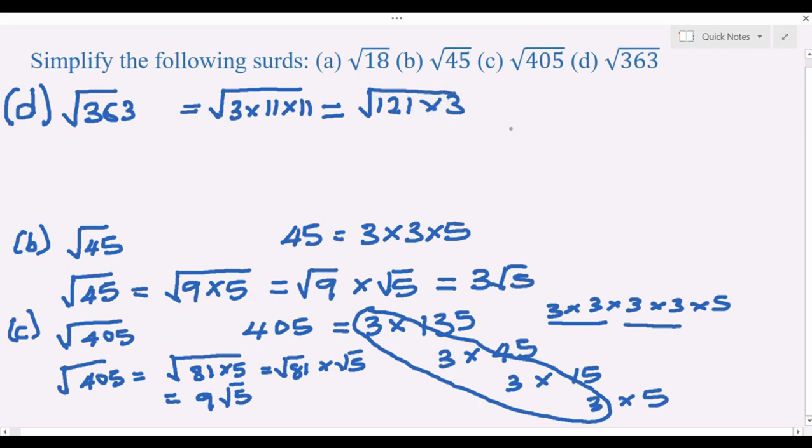I hope you know that 121 is 11 times 11. This is equal to the square root of 121 times the square root of 3. This will give us 11 root 3.